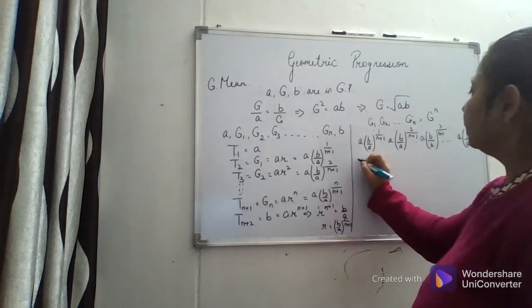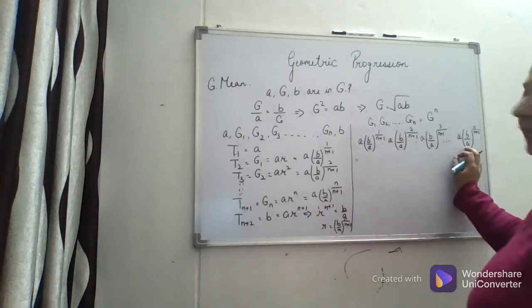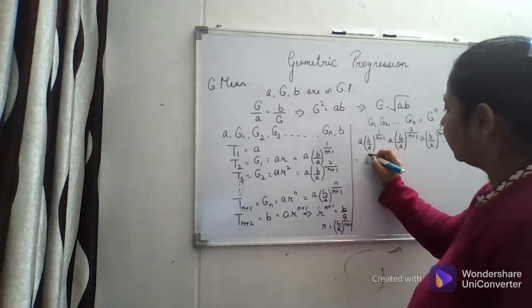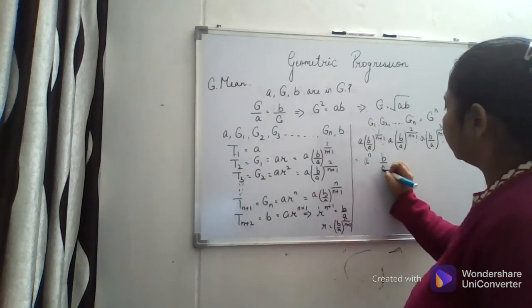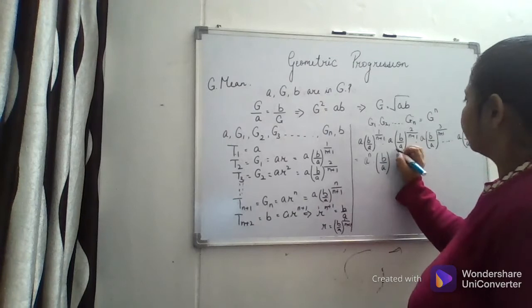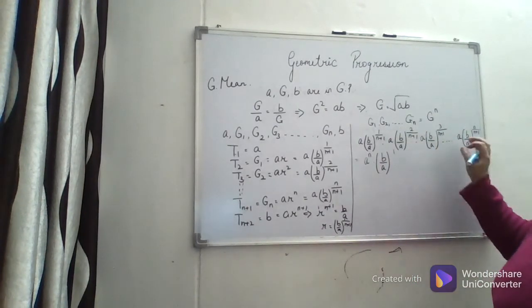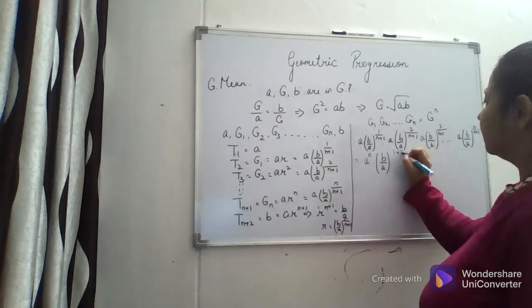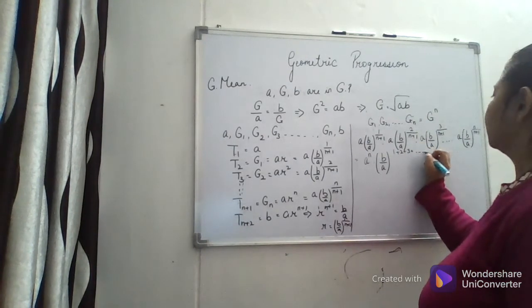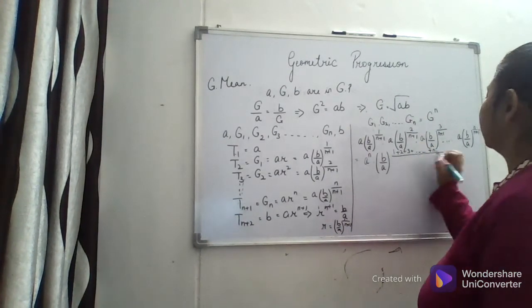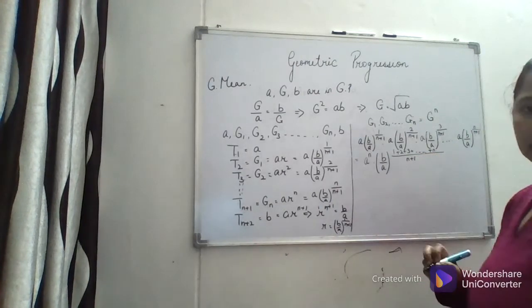Now, when I am going to multiply, because these are n terms, it will be A raised to power n into B by A raised to 1 plus 2 plus 3 and so on till n, by n plus 1, because the denominator is same, so I'm going to add like this. Clear this much?